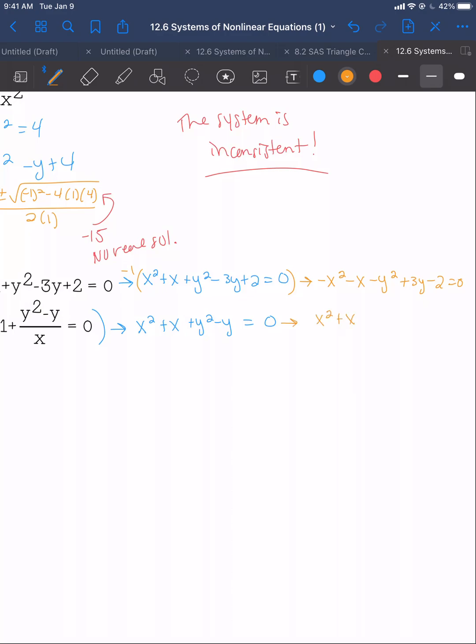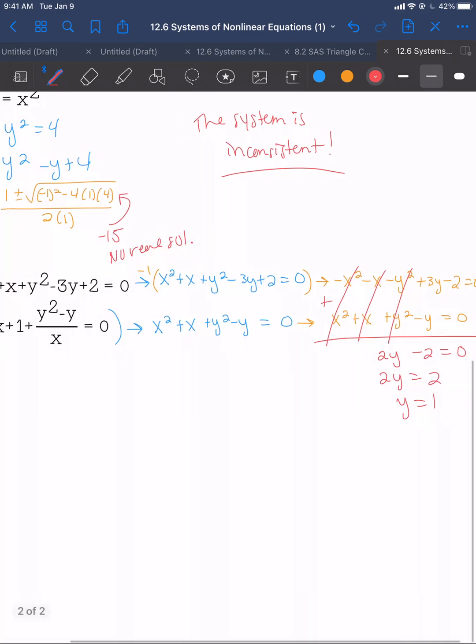And the other is x squared plus x plus y squared minus y equals 0. And if we add those two equations together, our x squareds eliminate, the x's eliminate, the y squareds eliminate, and we are left with 2y minus 2 equals 0. That would be 2y equals 2. So y is equal to 1.